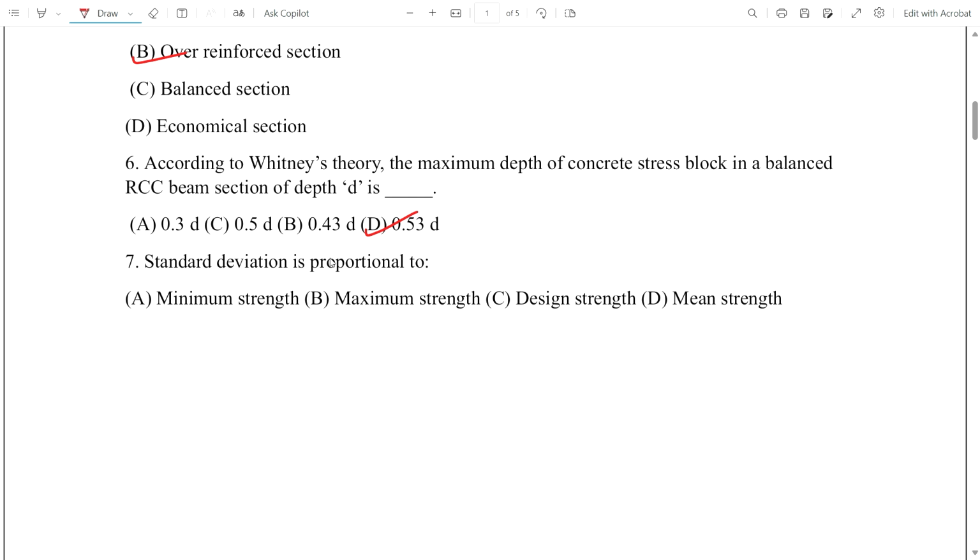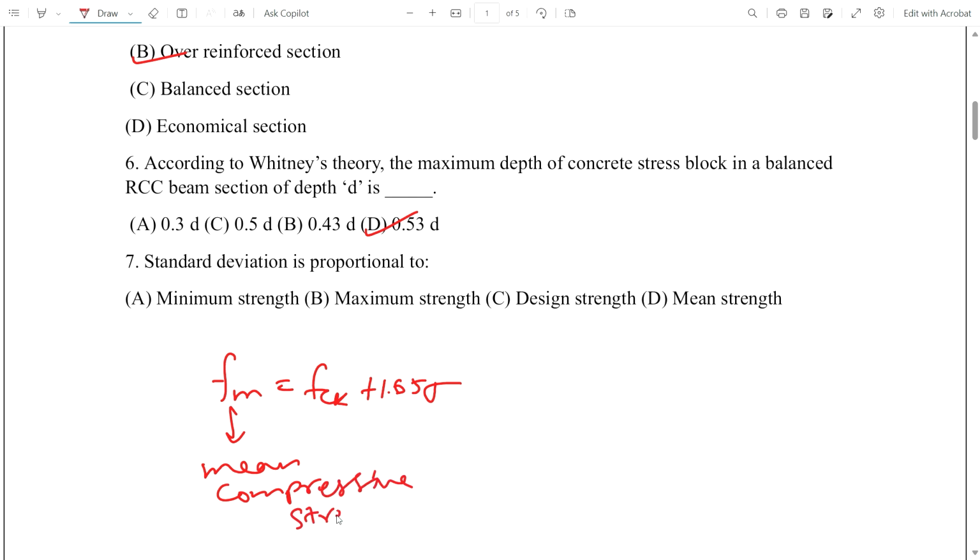Now coming to question number 7. The standard deviation is proportional to what? One formula you have to remember: fm is equal to fck plus 1.65 times the standard deviation. This is the mean compressive strength, fck is the characteristic strength of concrete, and this is the standard deviation.